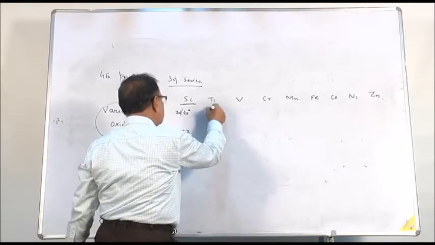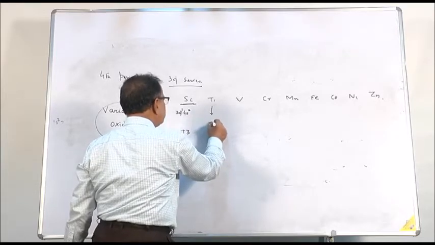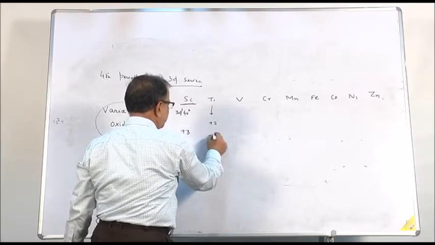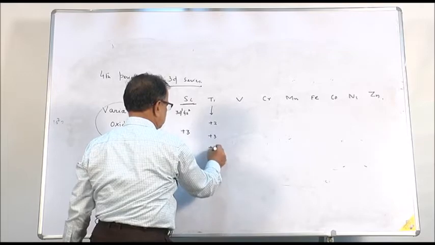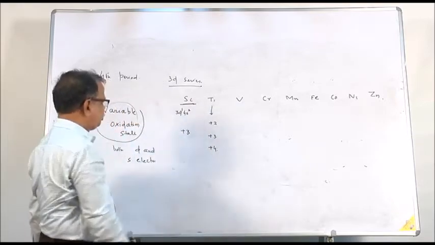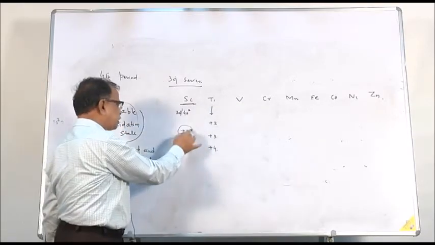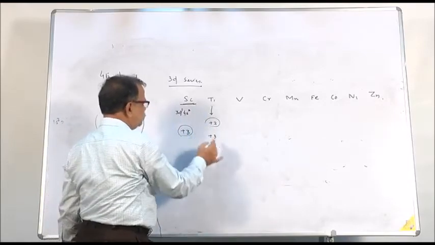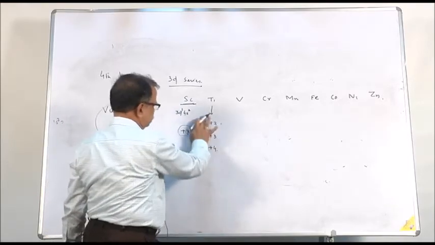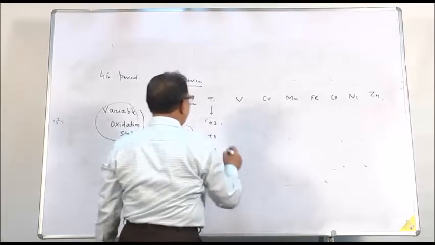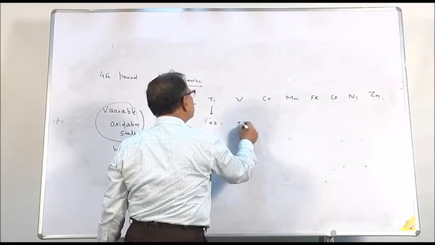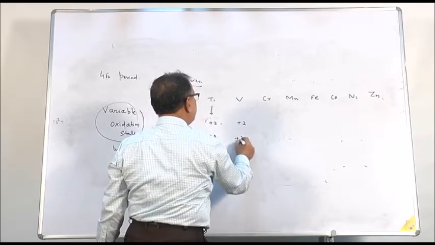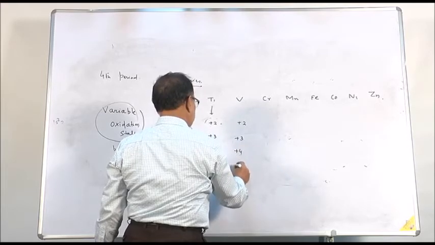In titanium, it exhibits +2, +3, +4. Scandium exhibits +3, and titanium exhibits +2, +3 and +4. Vanadium exhibits +2, +3, +4 and +5.